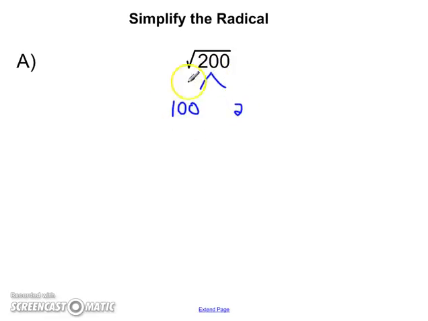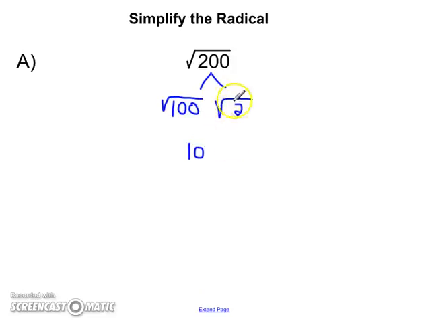Now in this particular case, because we have the radical, it's the square root of 100 times the square root of 2. I picked that number because I know 100 is a perfect square. The square root of 100 is 10.